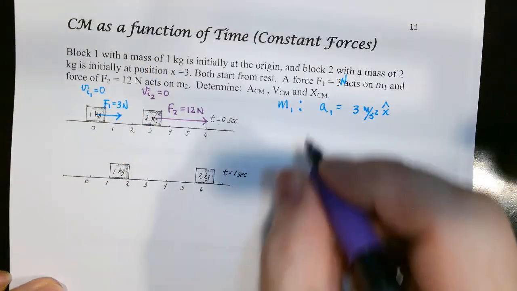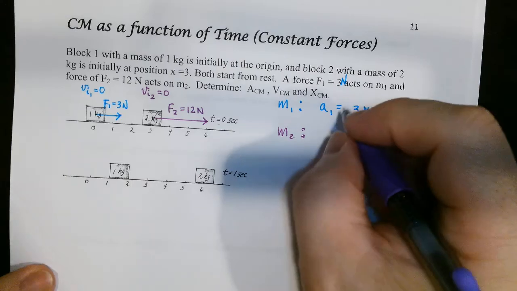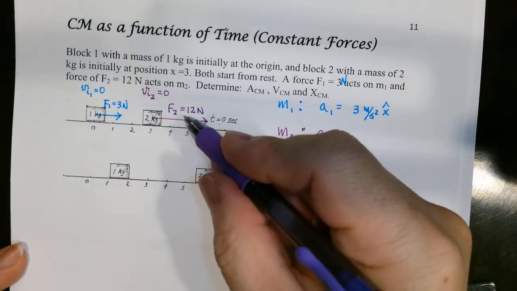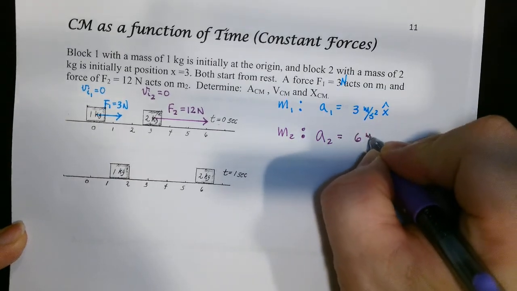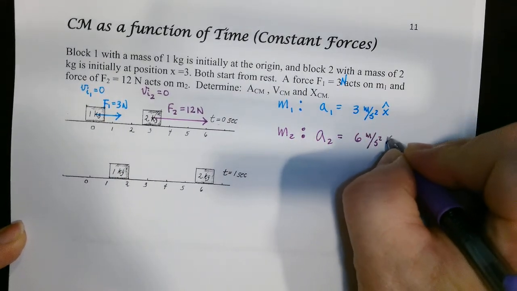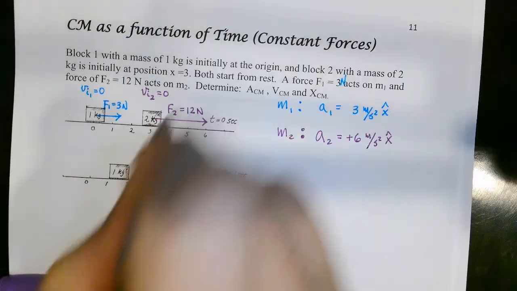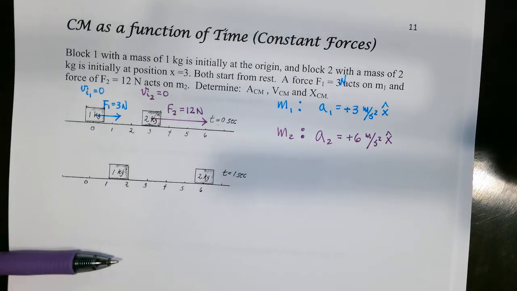And M2 has acceleration of, right, 6 meters per second squared, right? And they're both in positive directions, obviously, because they're pulled in a positive direction, right?